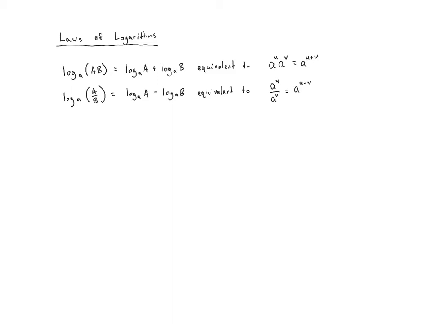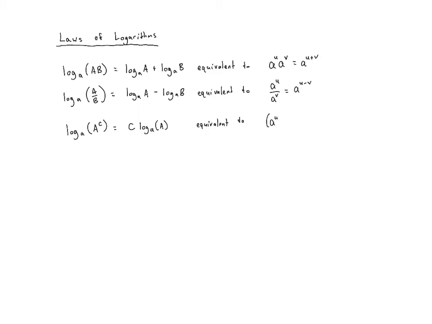Now, a third rule of logarithms says if we have a logarithm of something that's raised to a power, we can actually bring that power to the outside of the logarithm as a coefficient. So this is equal to c times log base a of capital A. And again, this is equivalent to one of the rules of exponents.